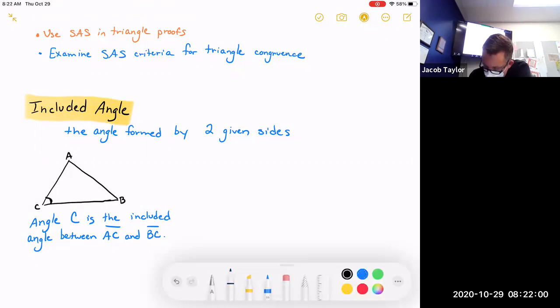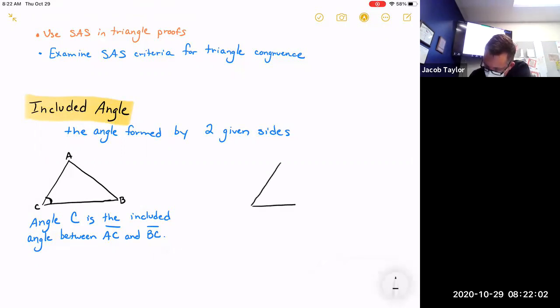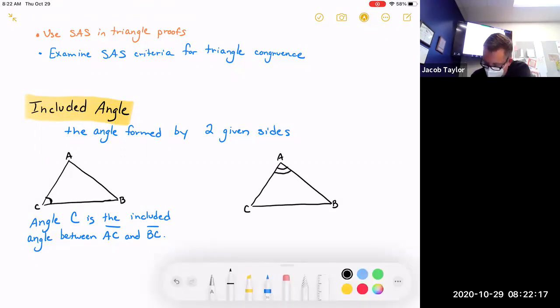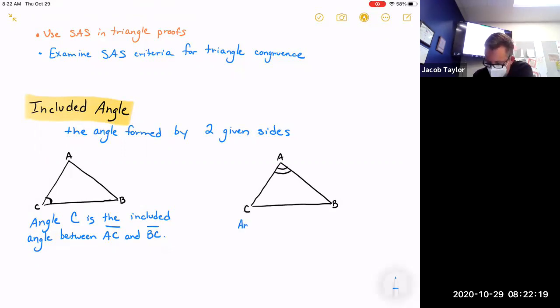I can take the exact same triangle, and here I'm going to do a perfect copy of triangle ABC, indistinguishable from the first one. And I'm going to indicate a different angle, this time angle A. Angle A is the included angle between which 2 sides?